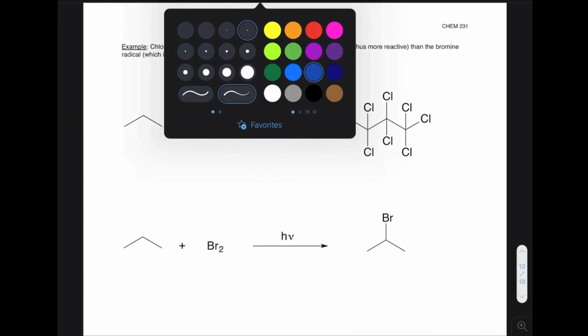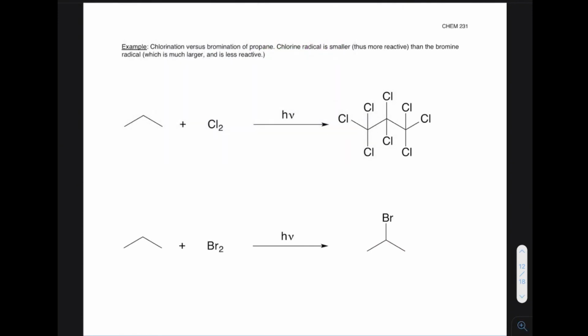So we have to remember our rules for radical reactive species with carbon. If we're looking at propane here, and we say that the radical is on this secondary carbon, we have to remember that's more stable than the radical on the end carbon.